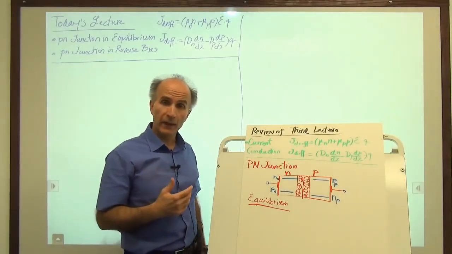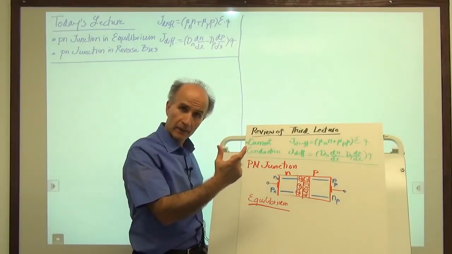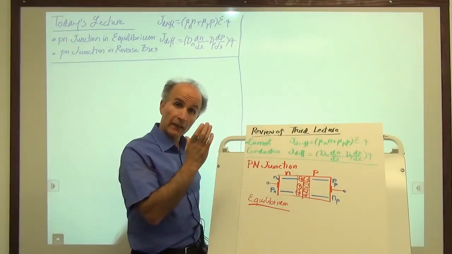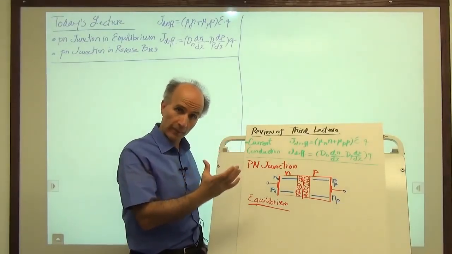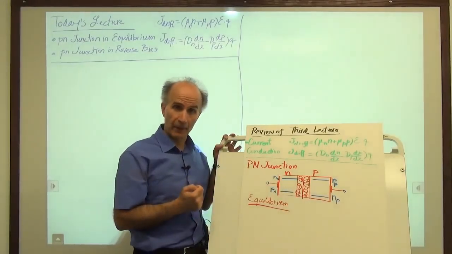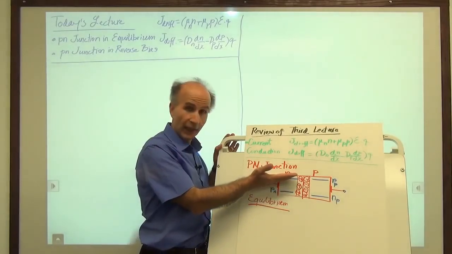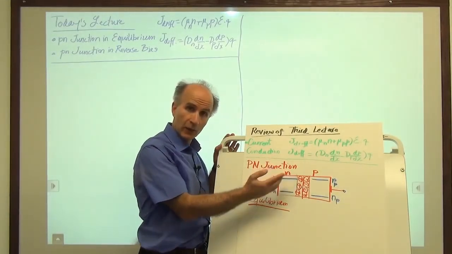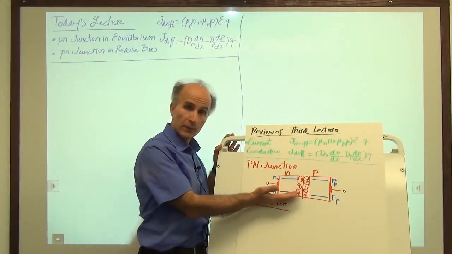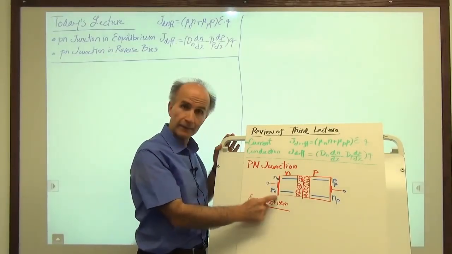In the next step, we decided to take one piece of N-type silicon and one piece of P-type silicon and attach them together in a clean and regular crystal form. And we saw that upon doing this, some interesting things happen. We know that the N side has an abundance of free electrons, whose density we denoted by N sub N, and very few holes, whose density we denoted by P sub N for the N side.